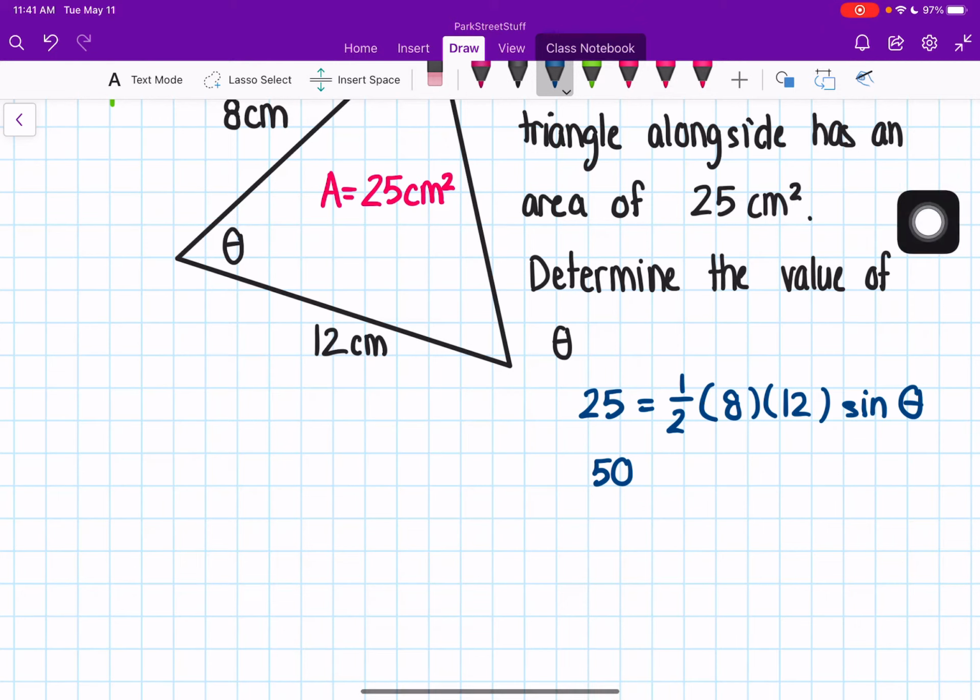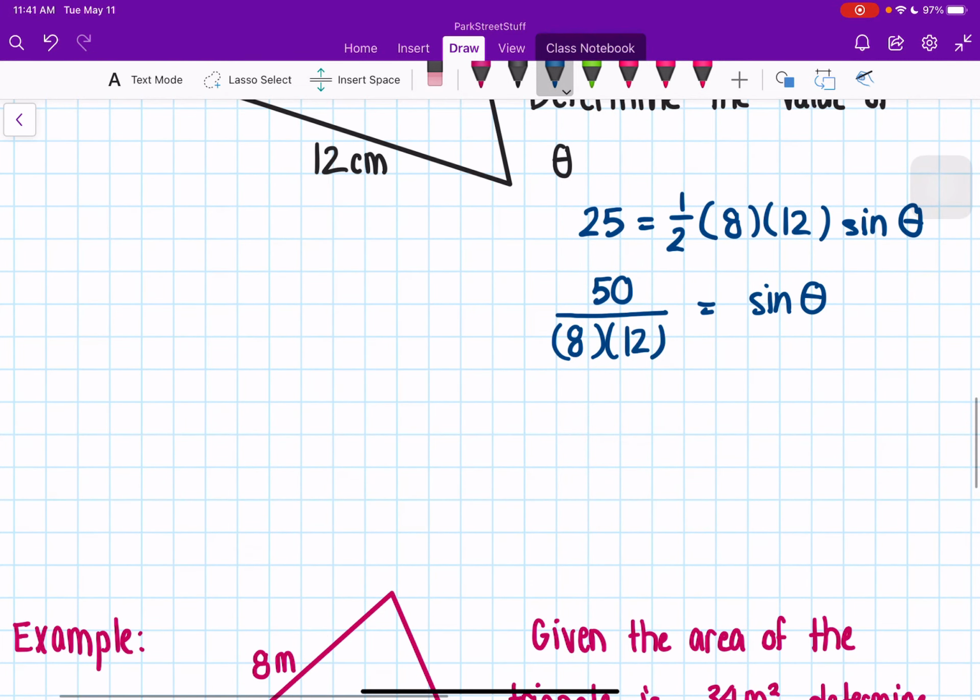And then these two aspects, 8 and 12, are what we're going to divide by. So notice I'm not even bothering working those things out. I'm just going to write all that, and that is equal to sine of theta. And now to find theta, we're going to say theta is equal to inverse sine of 50 divided by 8 times 12.